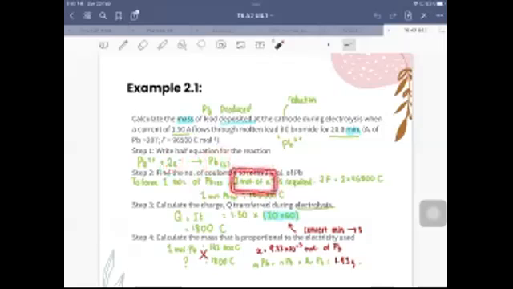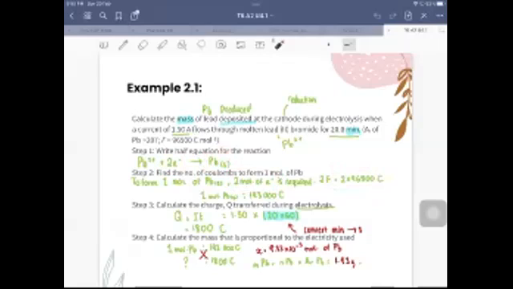We know that 1 mole of electrons carries 1 Faraday of charge, which is 96,500 coulombs. So 2 moles of electrons would carry 193,000 coulombs of charge.